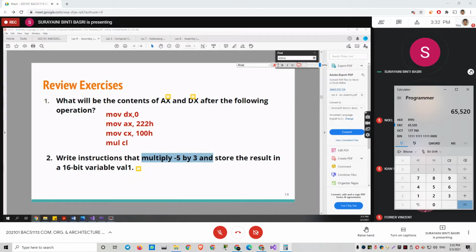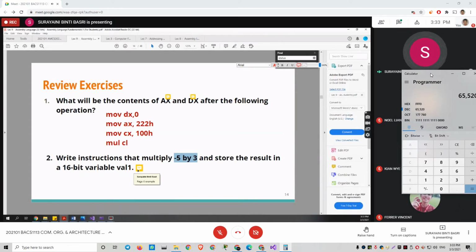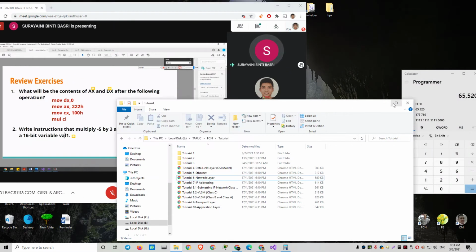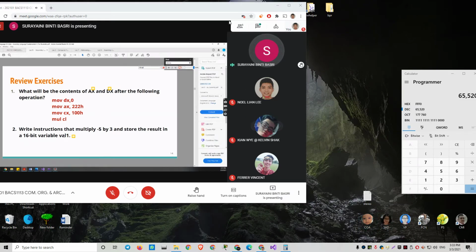So you try later how to multiply these two numbers using the example in page 6, which is example number 2. It puts the result in a variable.